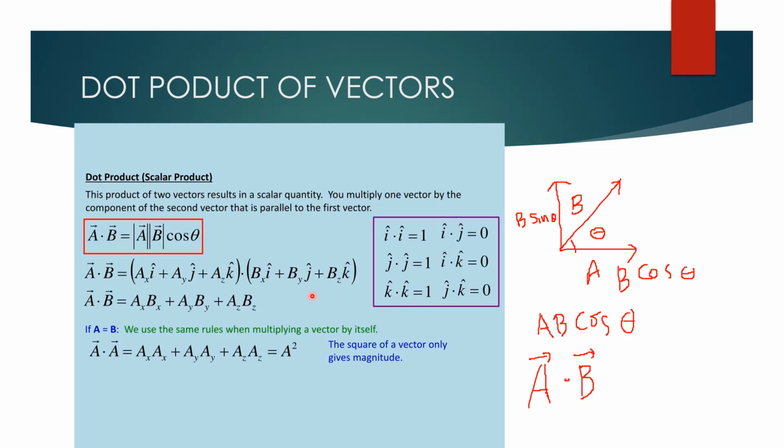So when we write them as AxI into BxI, it becomes AxBx. Similarly, AyJ into ByJ becomes AyBy. Similarly, AzK into BzK becomes AzBz. And II, JJ, KK becomes 1. But I dot J, if I take this, I'll bring the pen again.